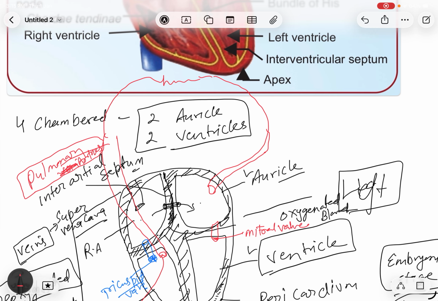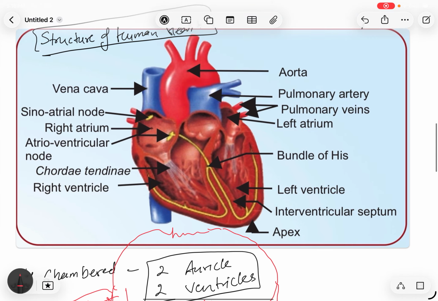From this, a big vessel, opened by semilunar valves similar to the pulmonary artery, is known as the aorta.